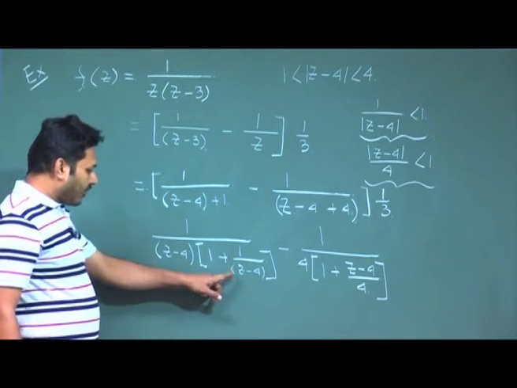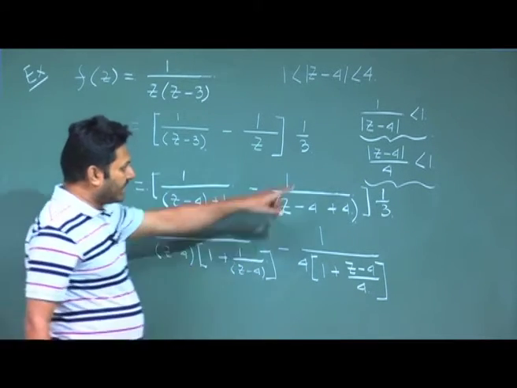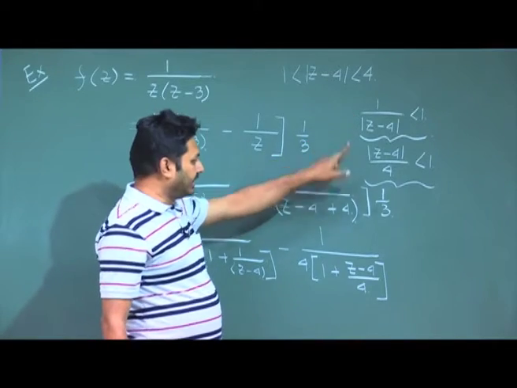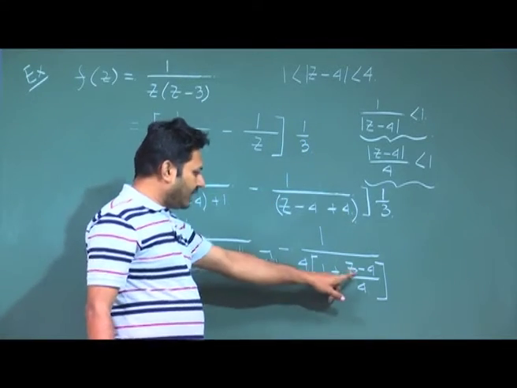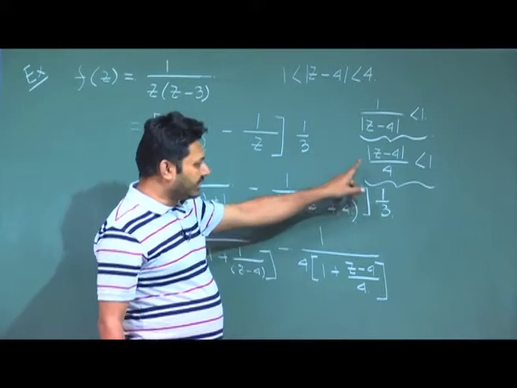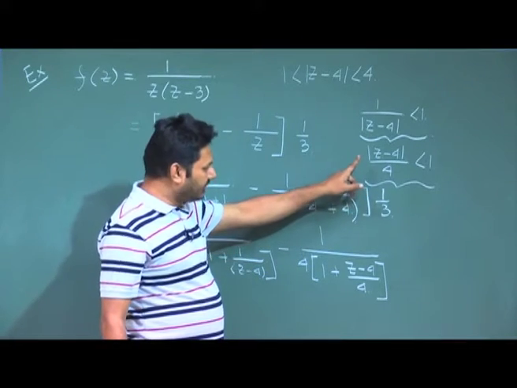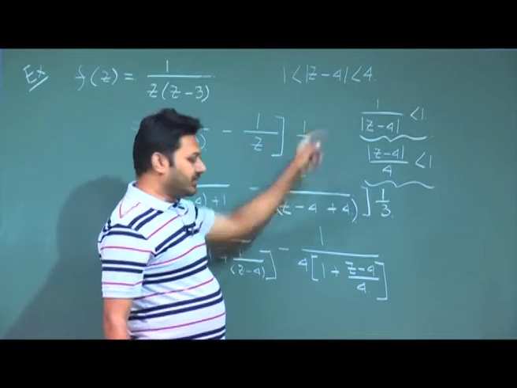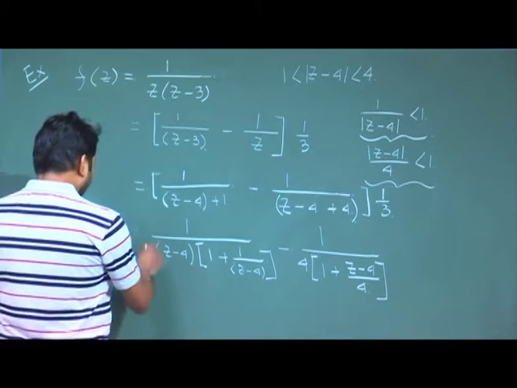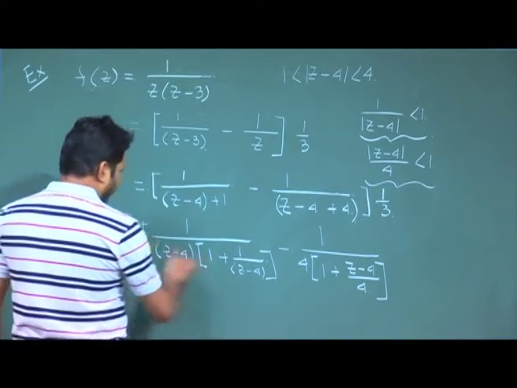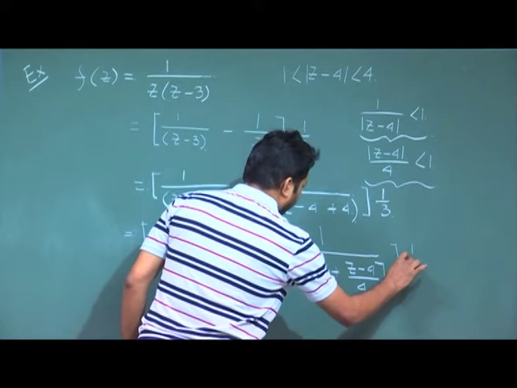Once I have 1 divided by (z minus 4) because I required this, and in the other case I have (z minus 4) divided by 4 because I required this, I use the given two conditions, and the 3 term as usual is there.